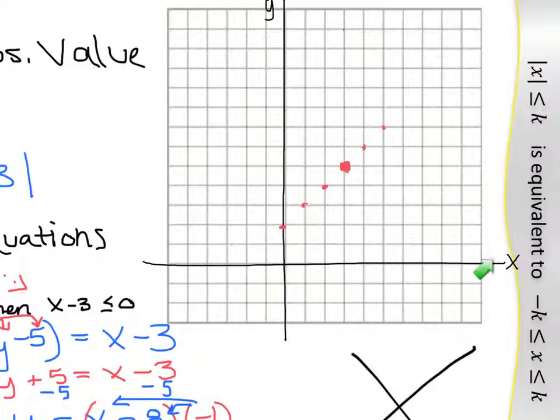So from here on out. So our graph is only going to be that part. We don't include where x is less than 3. So that is y equals x plus 2 when x is greater than or equal to 3.